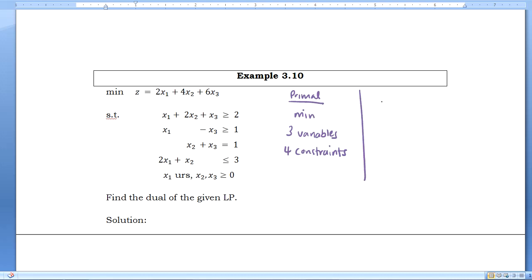Therefore, for the dual, the objective is to maximize W. 3 constraints are involved in this model and 4 variables.